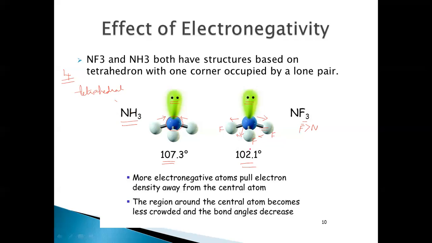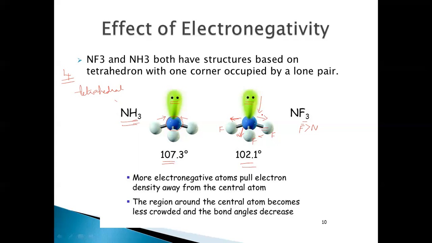So that's the first reason. And the second reason is the lone pair in NF3. This lone pair is attracted more towards N in NF3, because the bond pair of electrons are attracted more towards fluorine. As a result, the lone pair is held more closely to this nitrogen in NF3 when compared to the lone pair of electrons in NH3.